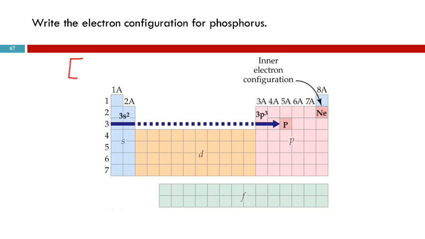So we've got neon in brackets, and then after neon, we're going through the s block, 3s2, and here's 3p, 1, 2, 3. 3s2, 3p3. Any questions?